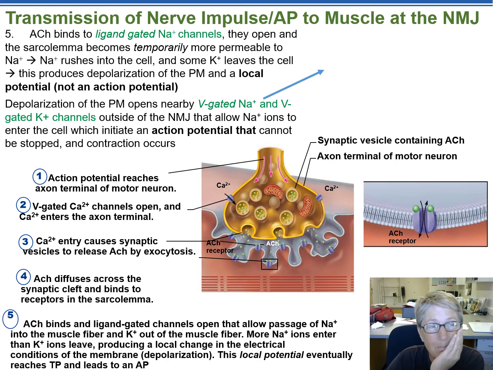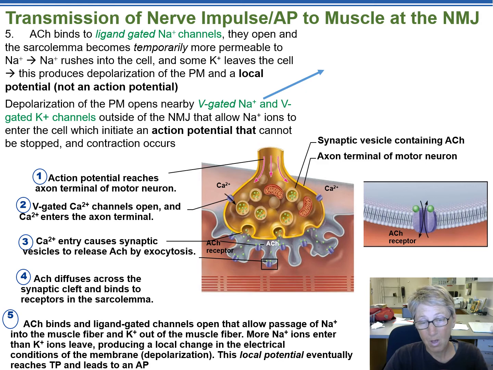Wouldn't that be fun? Okay, so what happens when acetylcholine binds to these ligand-gated sodium channels? Well, they open, and that means the plasma membrane, or the sarcolemma, becomes temporarily permeable to sodium, as long as the channels are open.